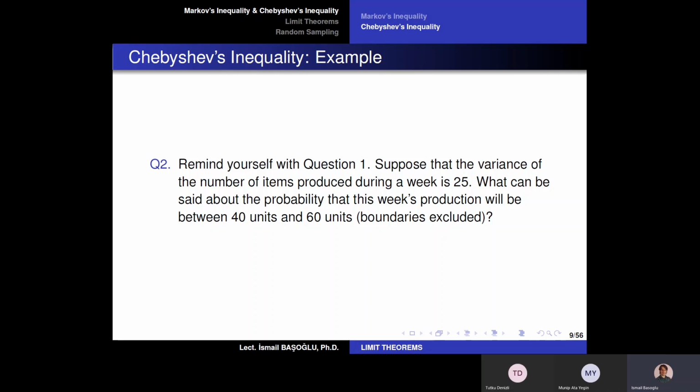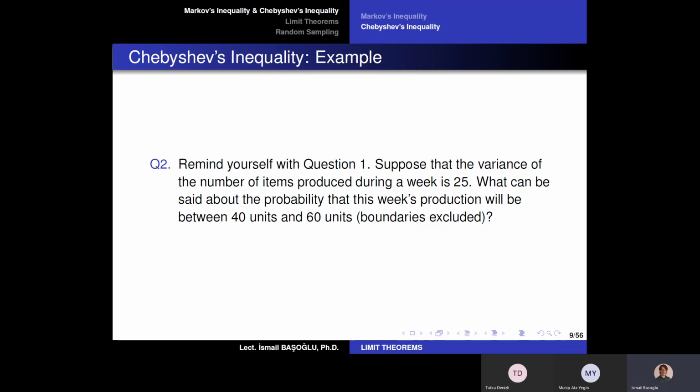Now, we are going to use Chebyshev's inequality in a question. Remind yourselves of question 1. What was question 1? There is a manufacturing facility which manufactures a certain product, and on a weekly basis, the average number of products that they manufacture is 50. But we do not know the distribution of the number of products.